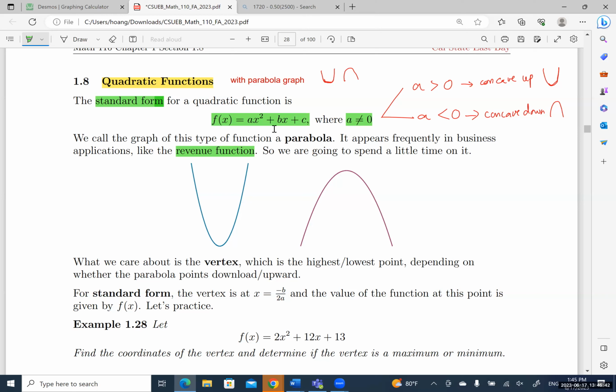But okay, like I said, keep in mind that if you have a greater than zero, right? You will have concave up.